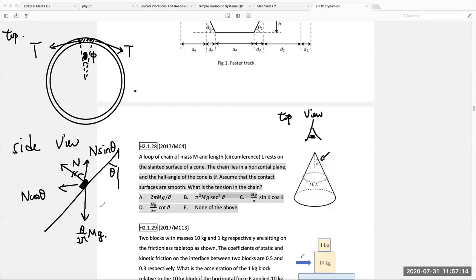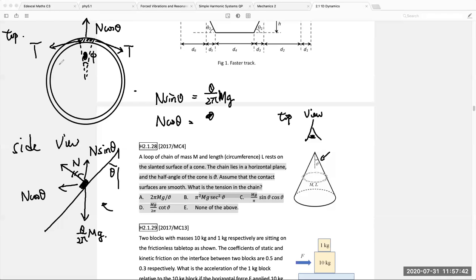So then you try to solve N first. So you get N sine theta equal to this one, then N cosine theta. You should substitute the value of N. If you draw the horizontal component here, it should be like this.